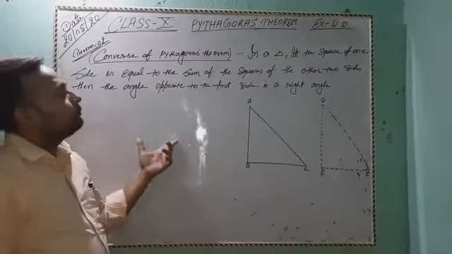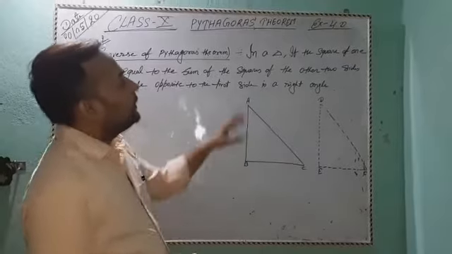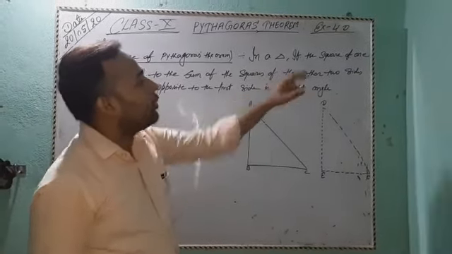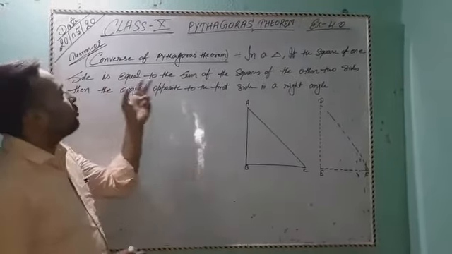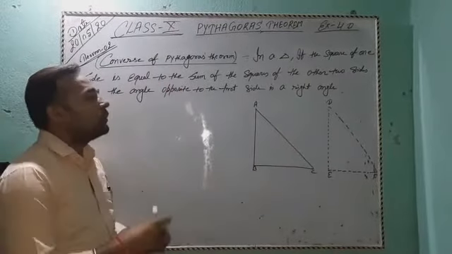Theorem number 2. In a triangle, if the square of one side is equal to the sum of the squares of the other two sides.